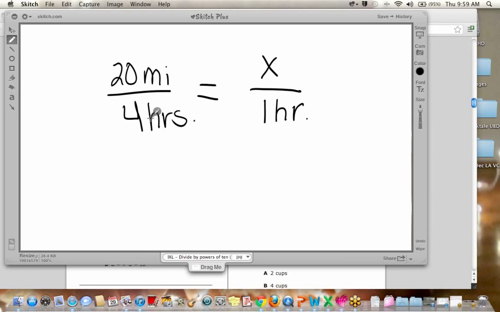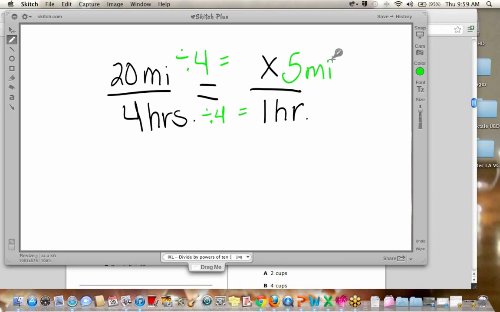So basically, what do I have to do to 4 to turn it into a 1? I would have to divide by 4, right? 4 divided by 4 equals 1. So what if I did the same thing to the top? 20 divided by 4 equals, hold up your hand, 5. 5 miles.